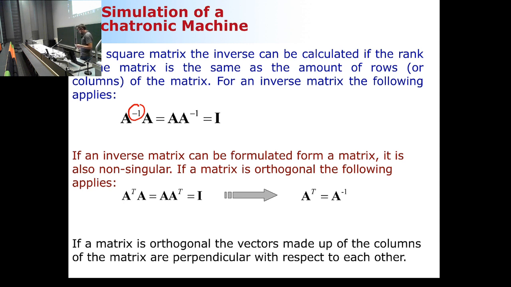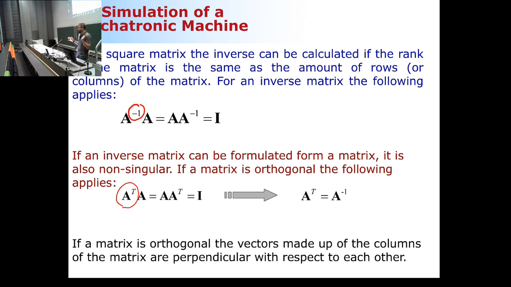Then the orthogonal matrix is a special thing related to this inverse matrix. For an orthogonal matrix, you can just take the transpose, and the transpose is equal to the matrix inverse. We will revisit this a bit later today, because I'm going to introduce the first orthogonal matrix, the transformation matrix that maps a representation in one coordinate system to another coordinate system.